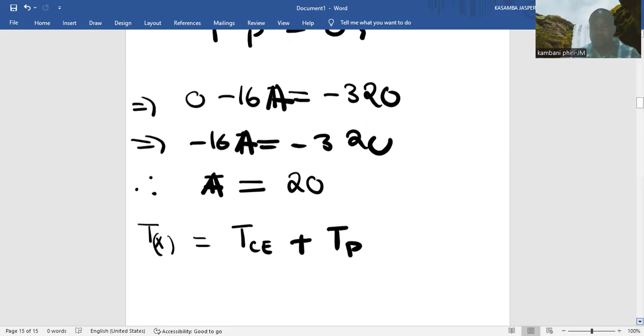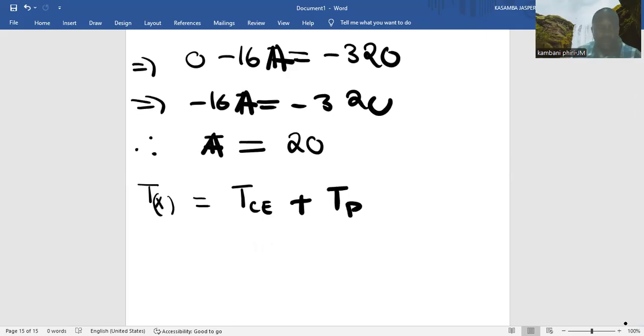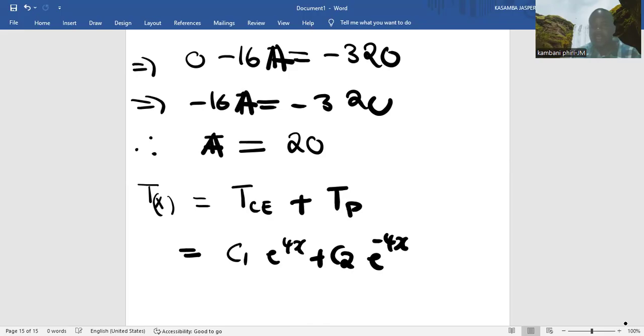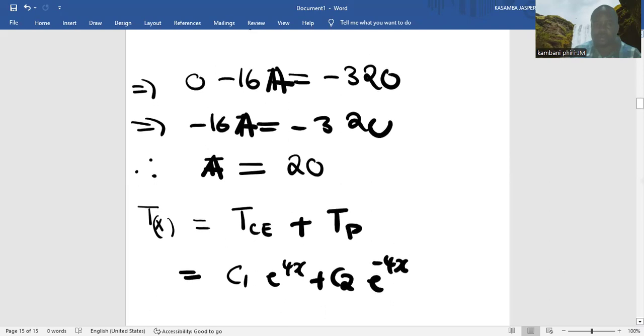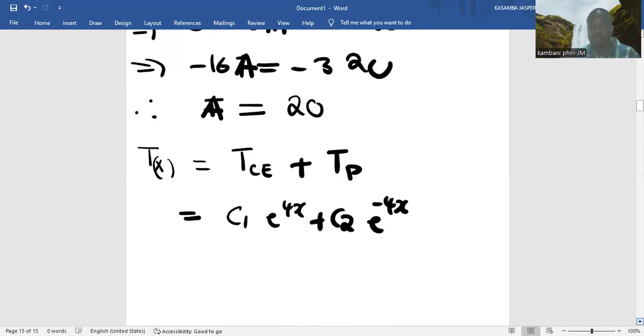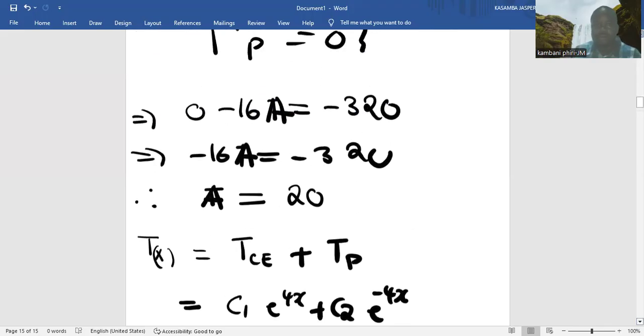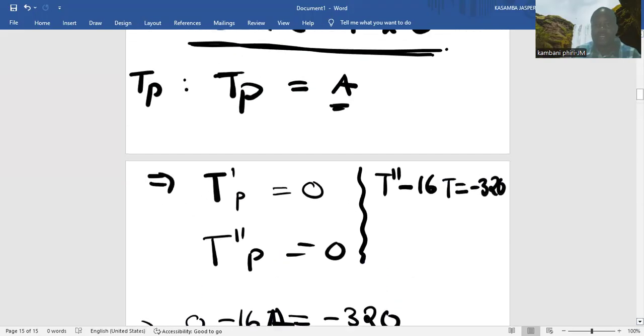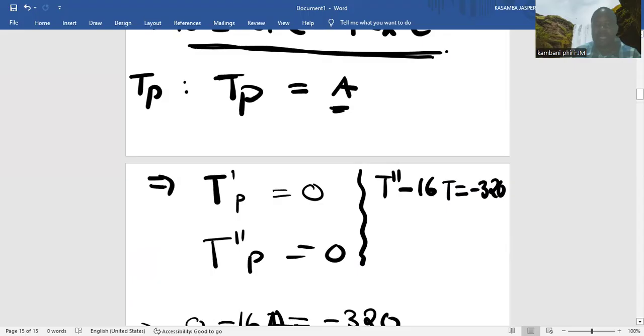What are we going to have? Here, we've gotten C1 E4X plus C2 E negative 4X. And then our TP is 20, because we've said TP is equal to A, and our A is 20.